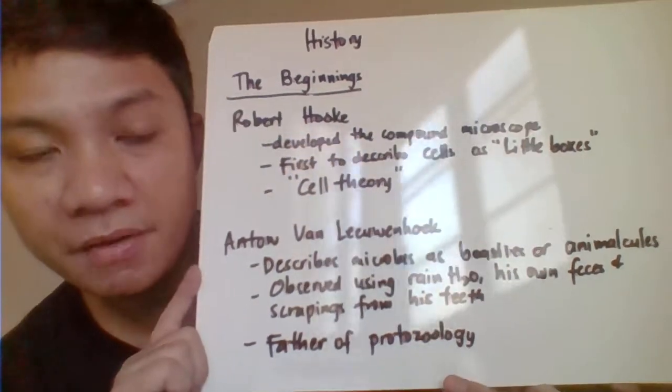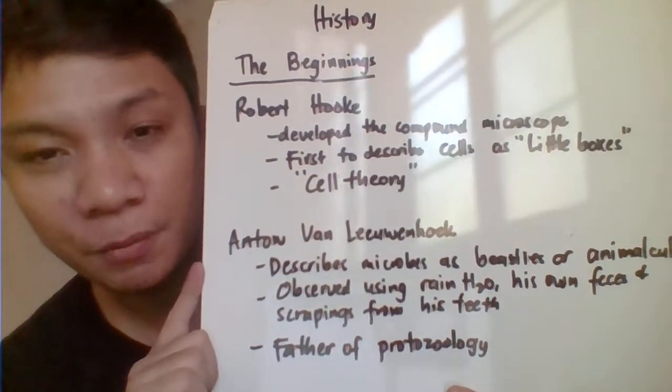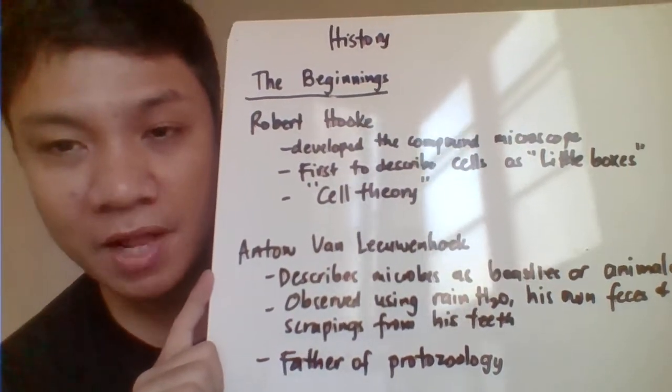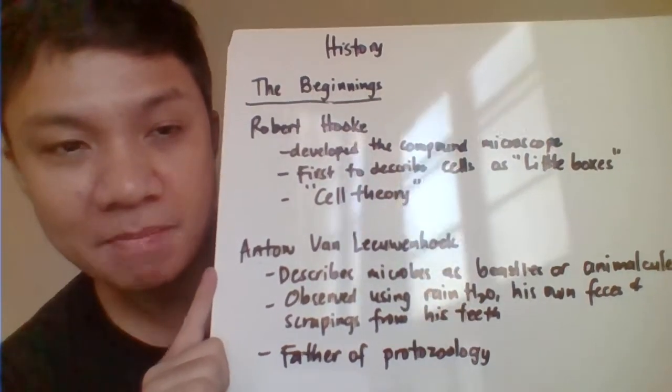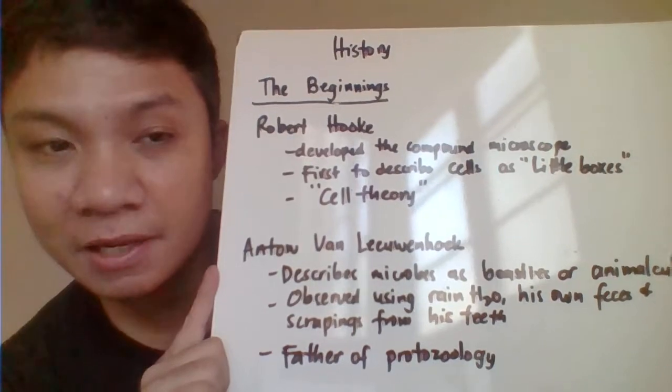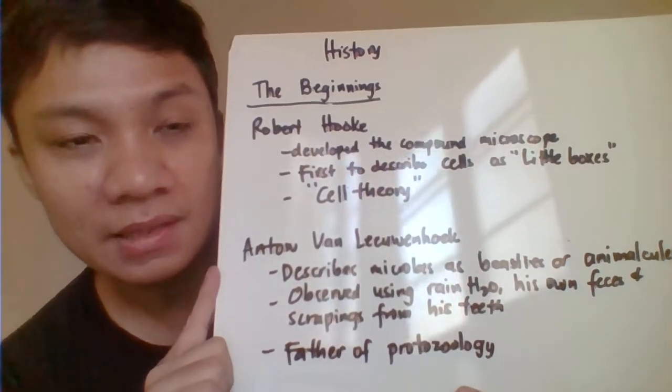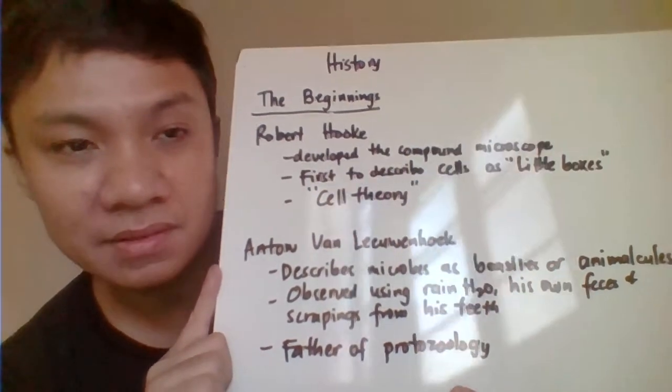The next one we have is Robert Hooke. Robert Hooke was the first to develop the compound microscope, with which he identified little compartments, which he described as little boxes.